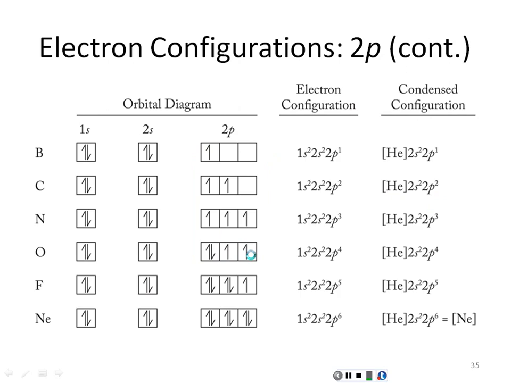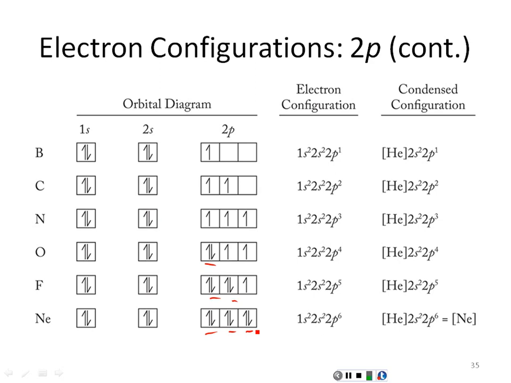Continuing on, we see that now with oxygen, fluorine, and neon, we start adding electrons of opposite spin to those orbitals. So we start adding paired electrons.